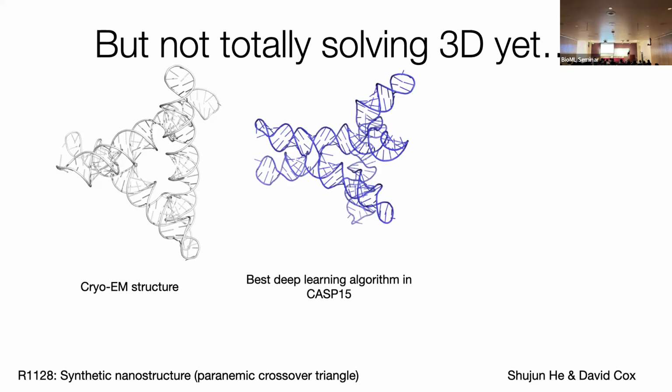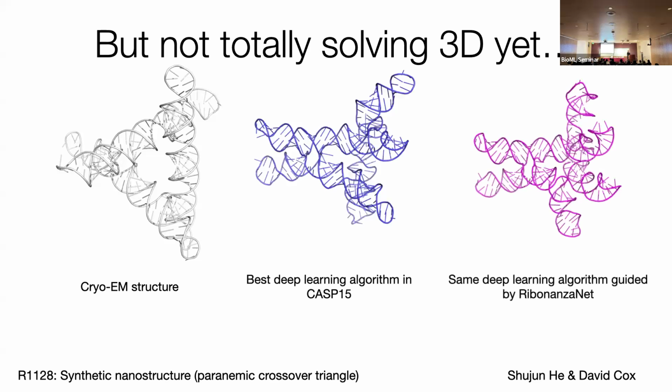And then when you feed in the Ribonanza information, it still squashes the RNA. So we're in this interesting situation where it looks like there's some interesting information in Ribonanza. It's doing a really good job with secondary structure, but we may not be at the scale yet, or we haven't developed the right model yet to get the information we need to model three-dimensional structure.